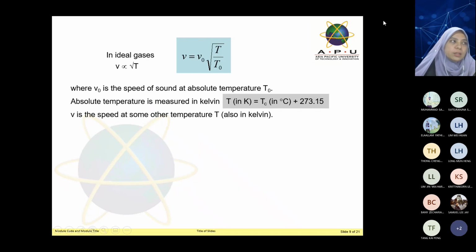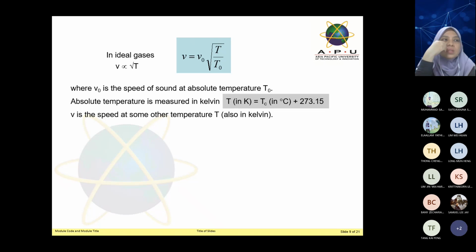In ideal gases, V equals V0 times the square root of T per T0, where V0 is the speed of sound at absolute temperature. Absolute temperature is measured in Kelvin.